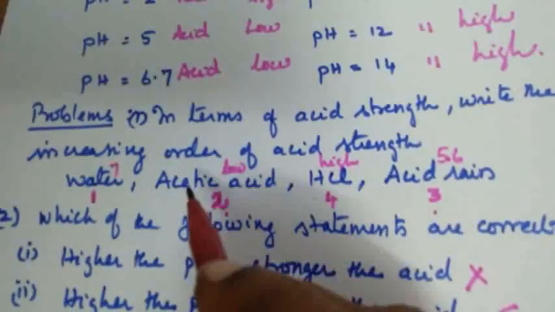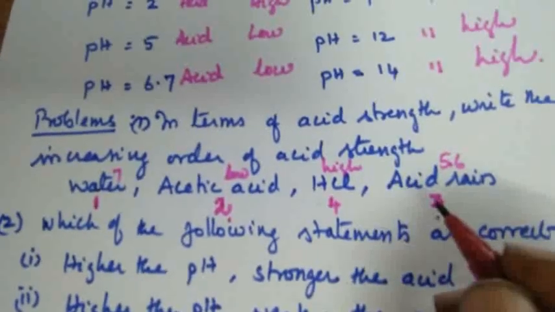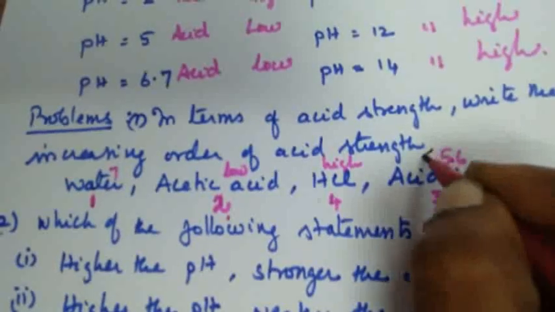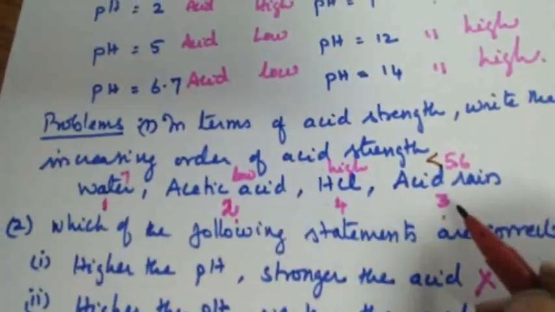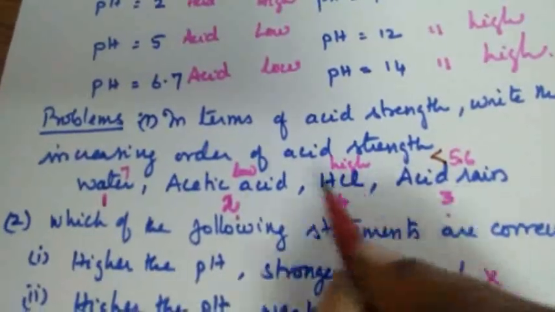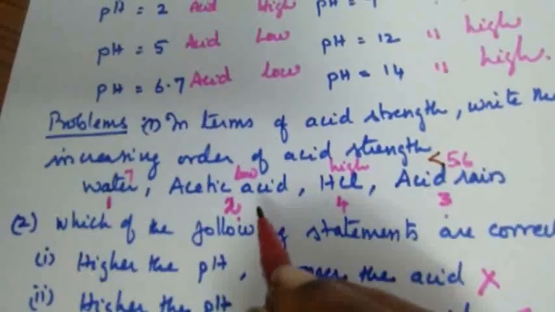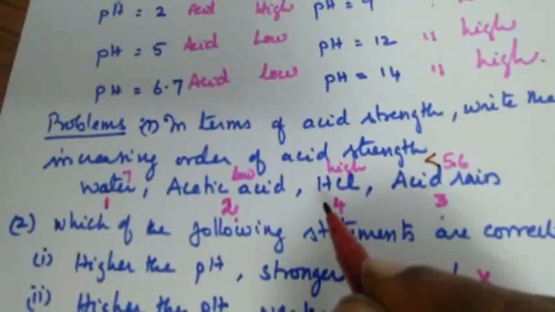Then comes acid rain, which is less than or equal to 5.6. And last comes HCl, which has the highest strength. So in increasing order: first water, then acetic acid, then acid rain, and fourth HCl.